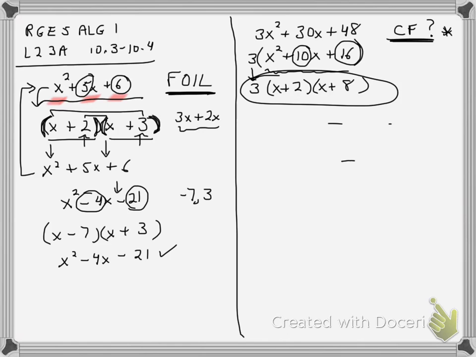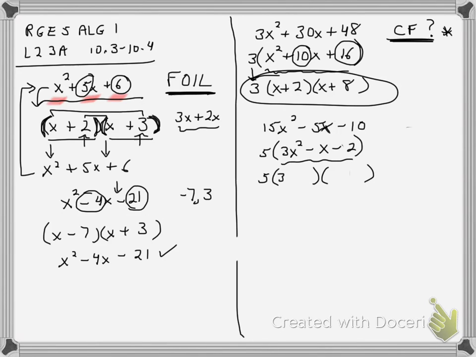Let's look at another example. My first question is always, do I have a common factor that could go through all three terms? And I do, and that would be 5. So factor out your 5, you end up with 3x squared minus x minus 2. And now I have to ask myself, can I factor this part again? Well, let's try. I would have to have a 3x and an x here.